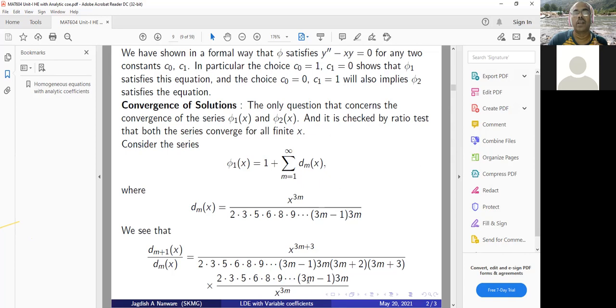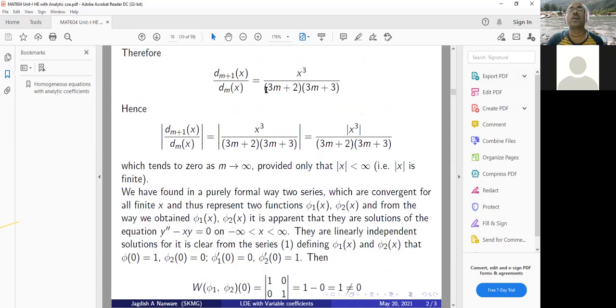This 3m vanishes with this 3m, and this x to the power 3m, by the law of indices, vanishes as well, and what remains in the numerator? Only x to the power 3. And here in the denominator we have 3m plus 2, 3m plus 3, right?